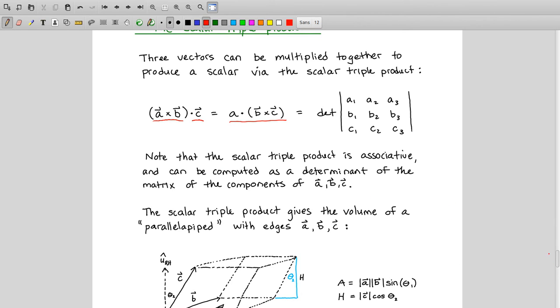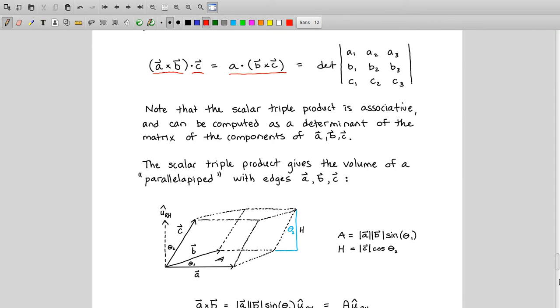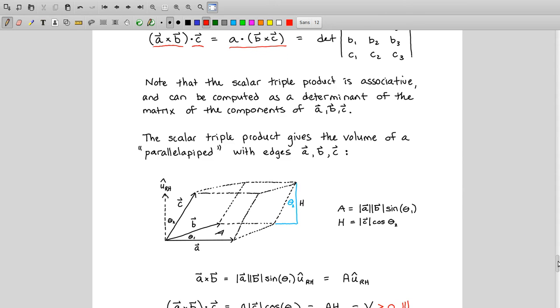It turns out that this has another very interesting geometrical property. It is the volume of something called a parallelepiped, which is fun to say, implied by the edges A, B, and C. And then we make copies of these edges and we get this sort of sheared cube that's this 3-dimensional region. So the volume of a parallelepiped is equal to the base times the height, just like the area of a parallelogram.